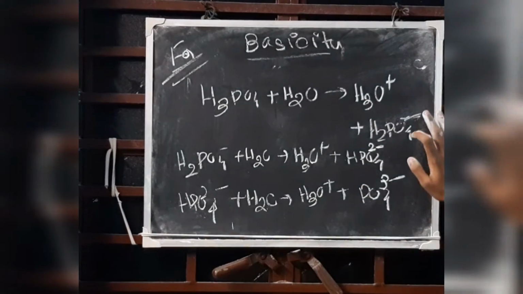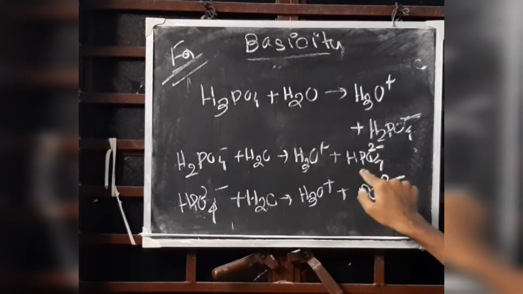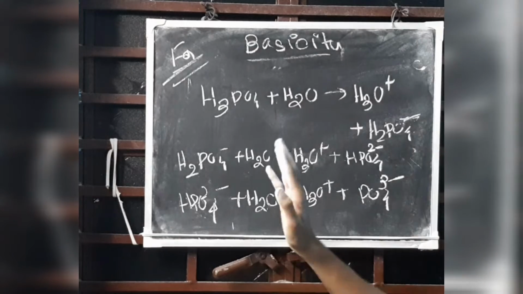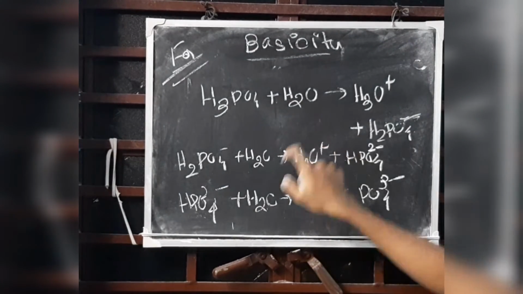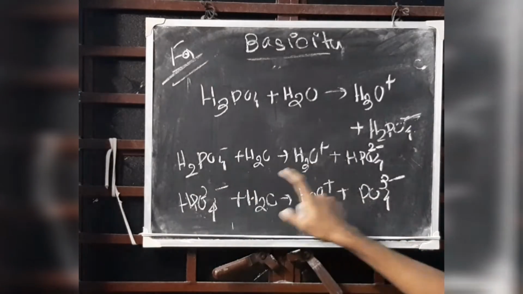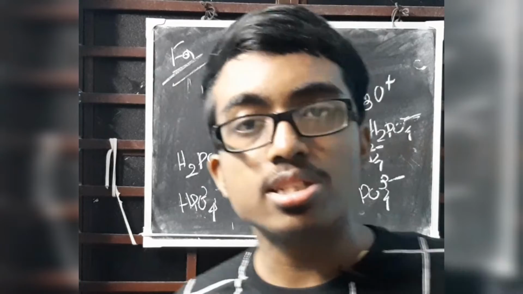First step, H2PO4 minus. Second step, HPO4 2 minus. Third step, PO4 3 minus. Summarized directly, this will become 3 and this will also become 3, and the intermediates will not appear. Clear? This is the three-step dissociation reaction.